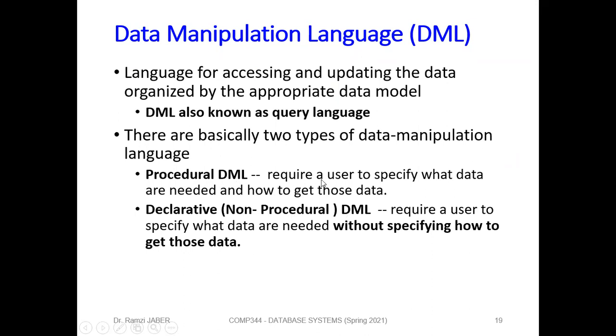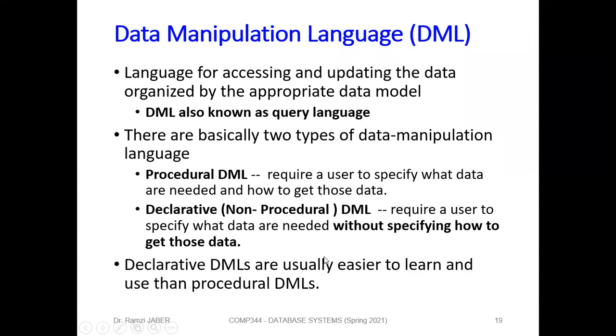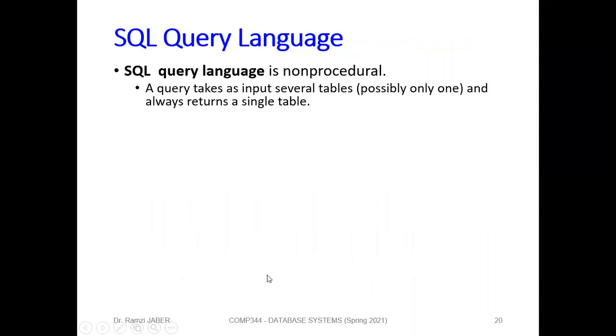Procedural DML requires a user to specify what data are needed and how to get those data. Whereas declarative, or non-procedural, DML requires a user to specify what data are needed without specifying how to get those data. We'll take another example for this. Declarative DML is usually easier to learn than procedural DML. We'll see a lot of examples in Microsoft Access.